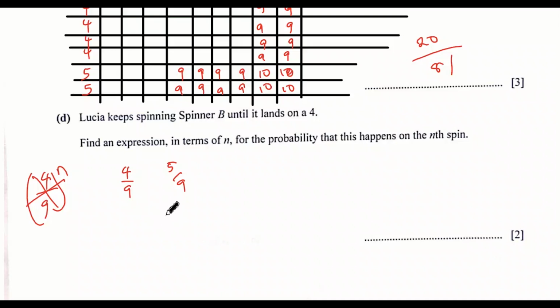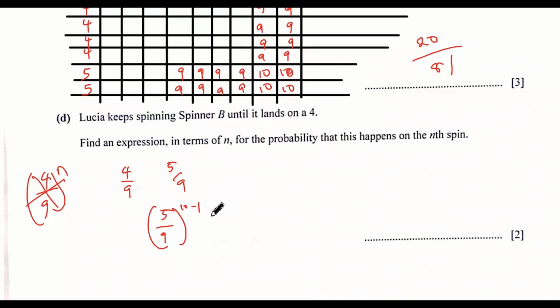So we're going to have 5 out of 9 raised to the power of 10 minus 1, which is for the 9 trials that were unsuccessful.